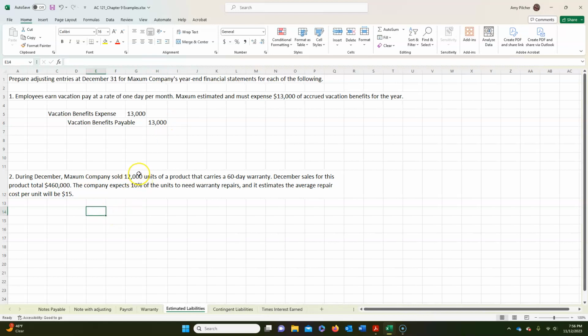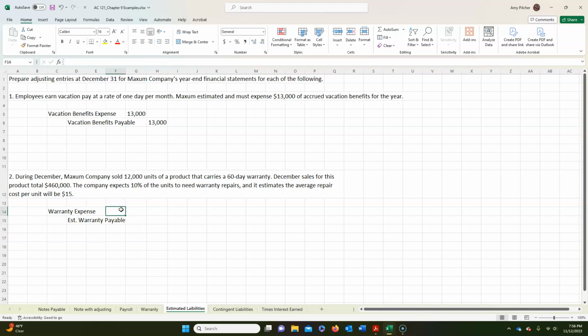The second example is a warranty expense, and so we want to record our warranty expense. So when we do that adjusting entry, we have a debit to warranty expense and a credit to estimated warranty payable.